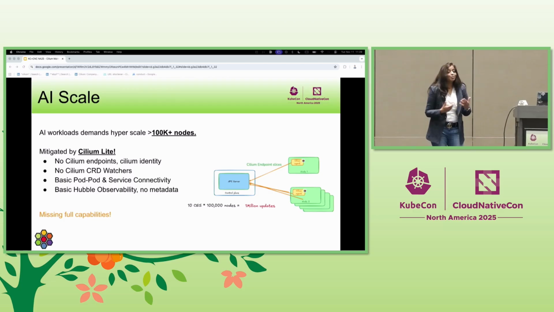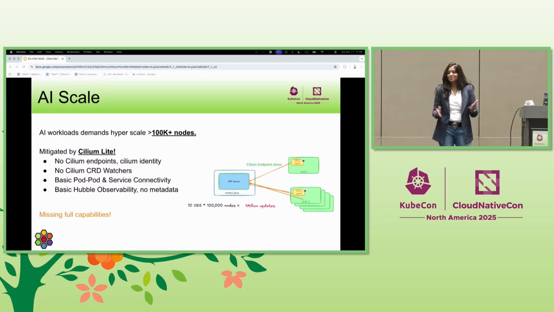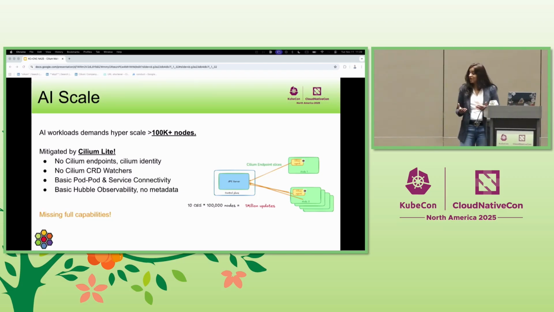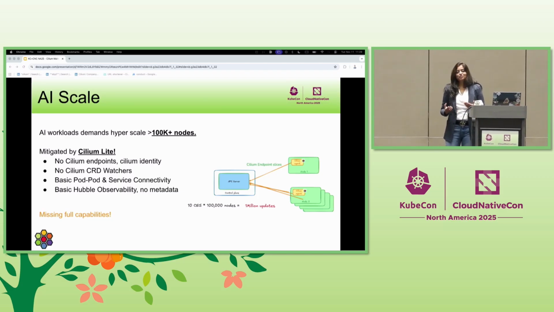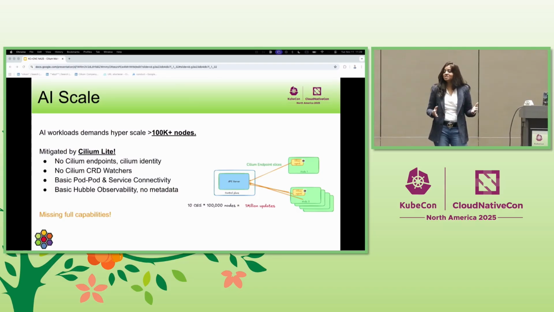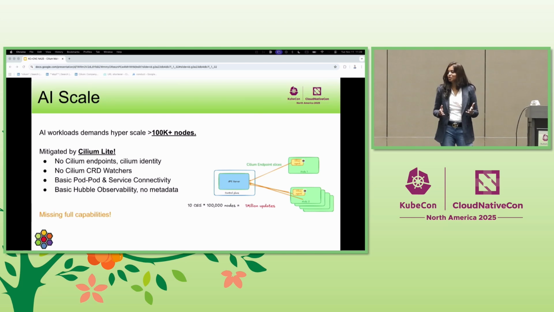Now, how did we mitigate it? We disabled all the CRD watchers. We disabled the Cilium endpoint slices, which were required for enforcing policies. So what we offer to our AI workloads today is no Cilium endpoints, no Cilium identity generation, no CRD watchers, so your API server control plane is sane.